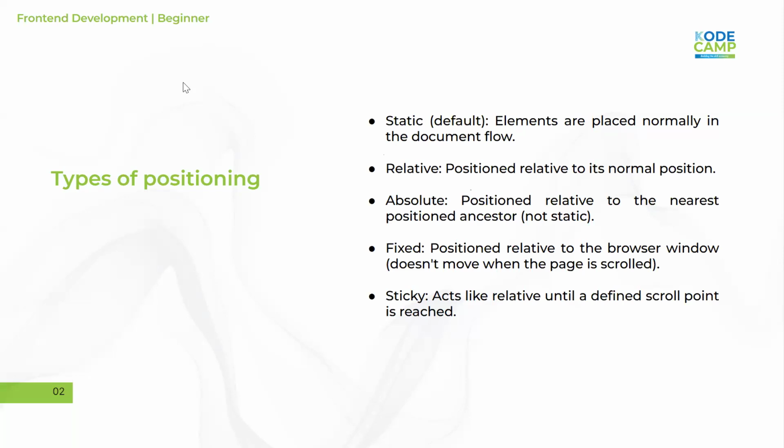We use fixed and sticky majorly for navigation bars. Sometimes you would want your navigation bar to be sticky, so that once you are scrolling, your browser does not push it above into hiding. So you want it to be either fixed or sticky. Once it's fixed, your navigation bar is fixed to the position where it is.